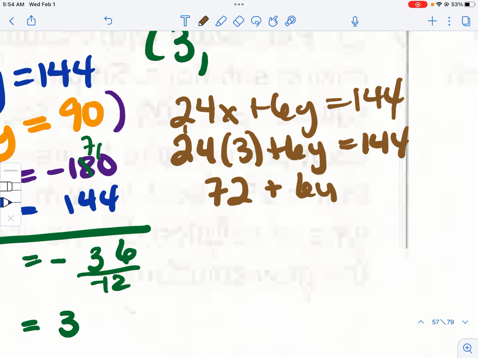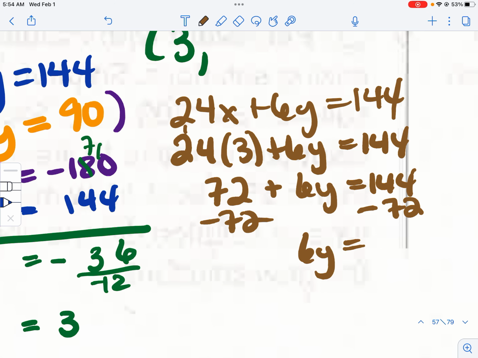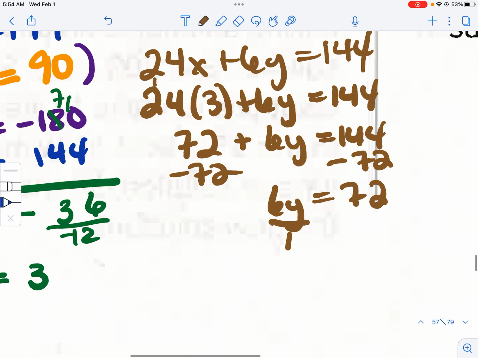Plus 6y equals 144. I subtract 72 from both sides. I get 6y equals 72. I divide both sides by 6. Y equals 12.